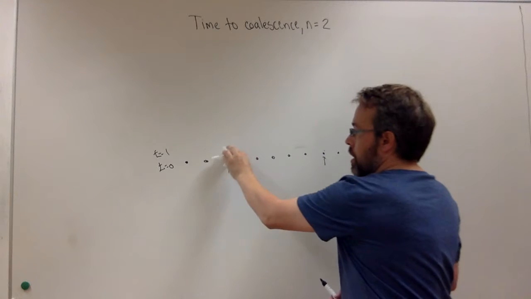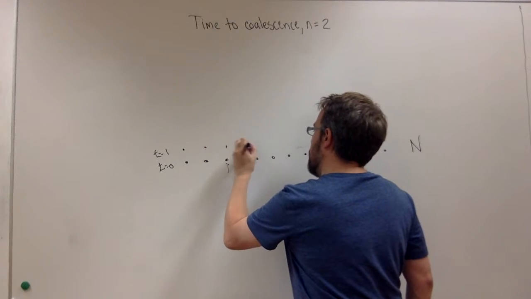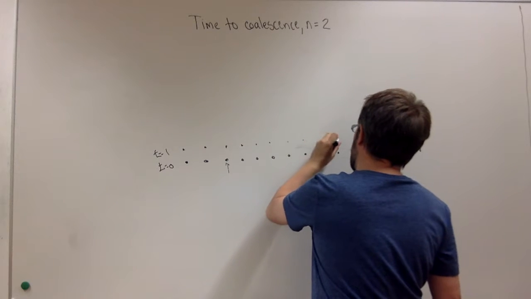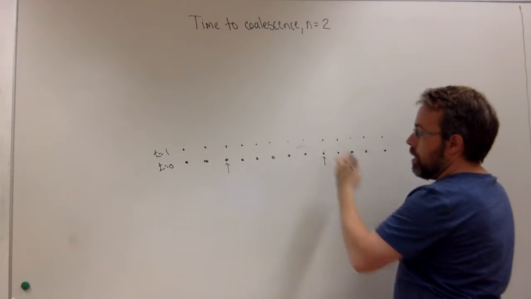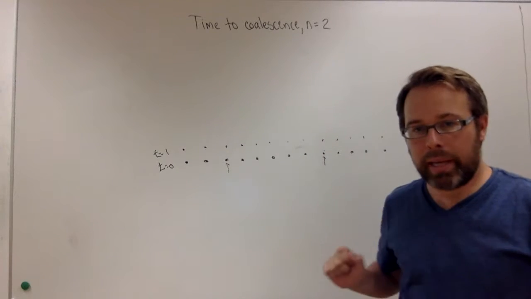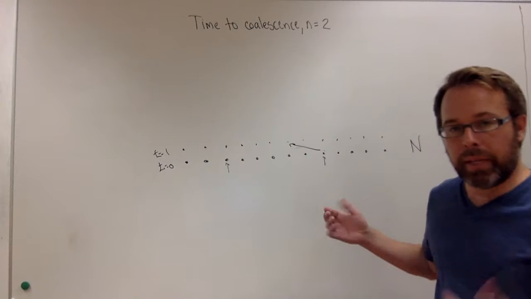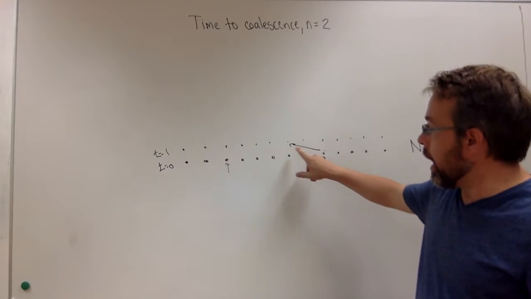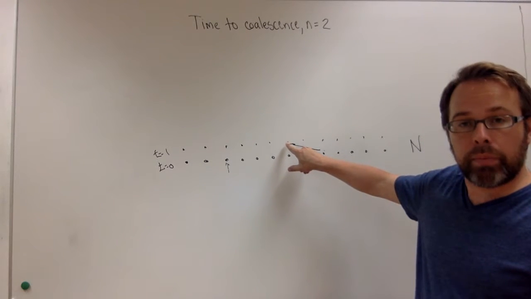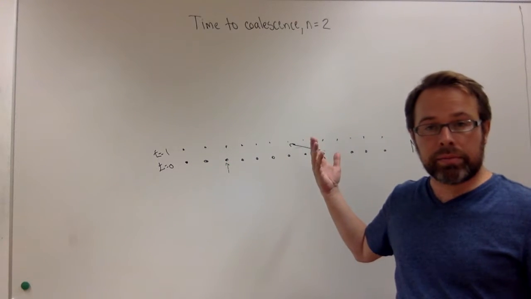Okay, well, if in every generation there are n individuals, then the question is, just randomly, what's the chance that they both pick the same one? And I think the easiest way to think about this is, if this individual has this parent, then what's the chance that this one has the same parent?